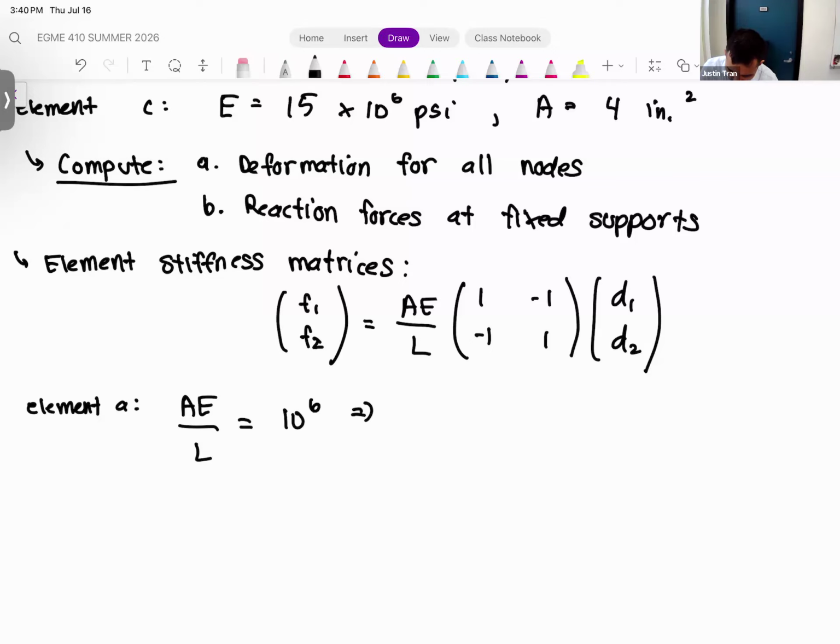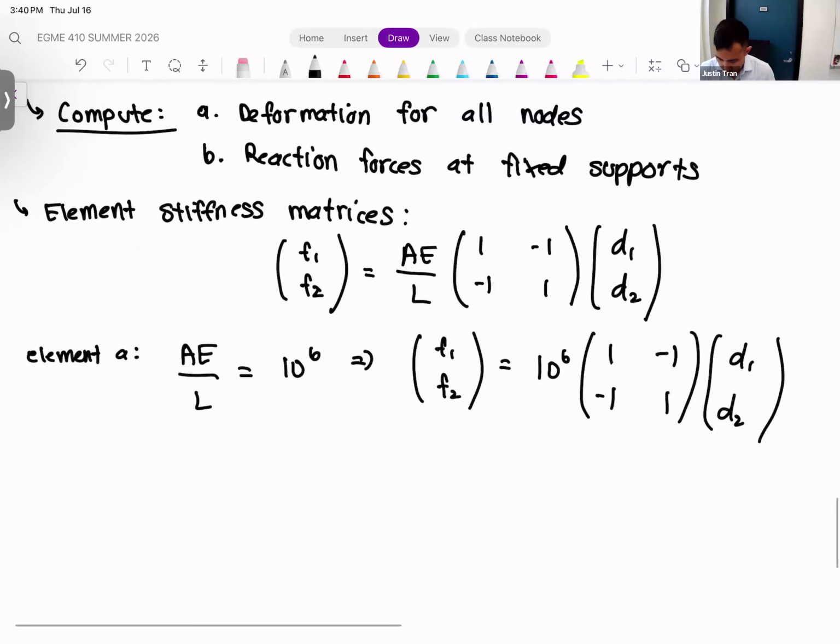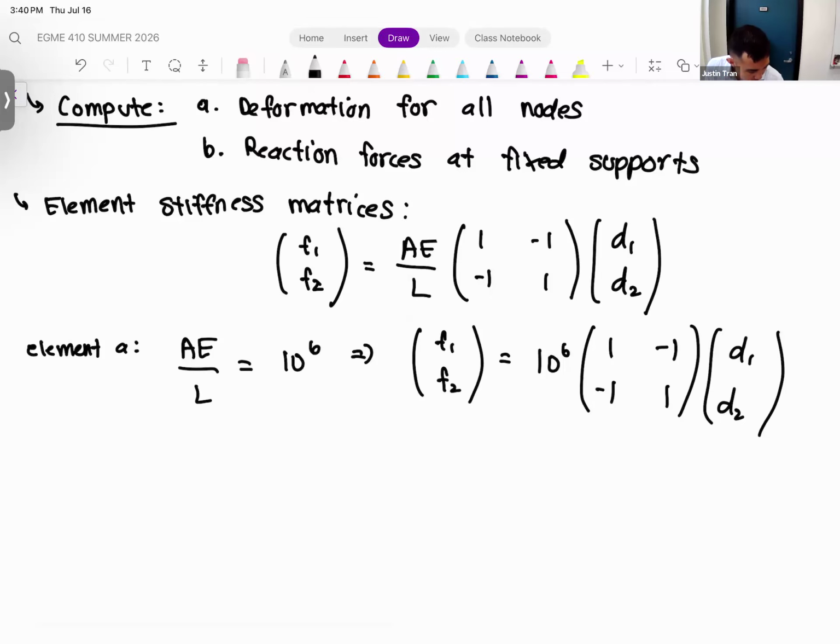So for the element stiffness matrix, we have F1, F2 is equal to 10 to the 6 times the matrix [1, -1; -1, 1] times D1, D2. Good. All right, so let's do the same thing for element B. Luckily, element B's properties are exactly the same, right?